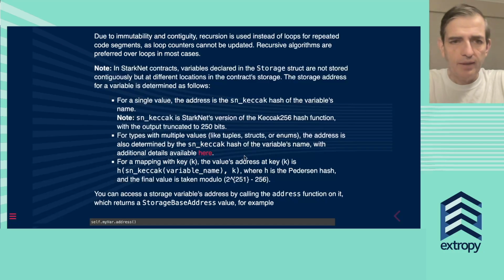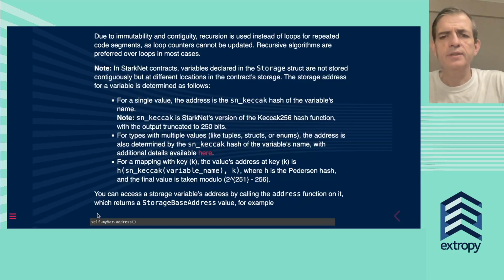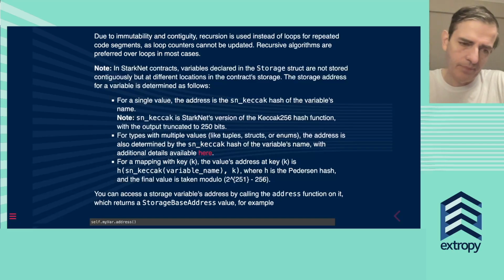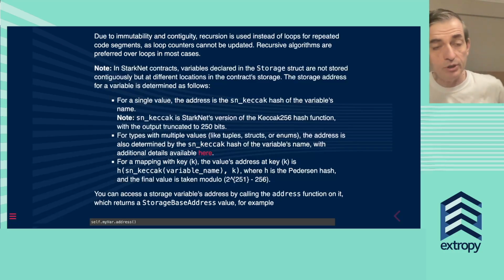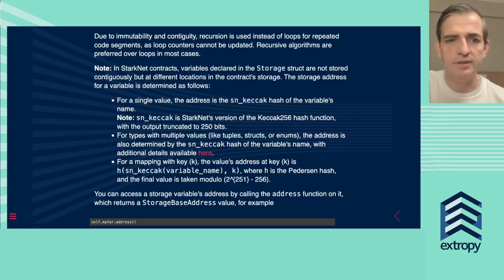Okay, and we shall look at the issue of storage and how it is laid out, and the details of taking the hashes and the names, because there is a particular vulnerability, or there was a particular vulnerability, around this.